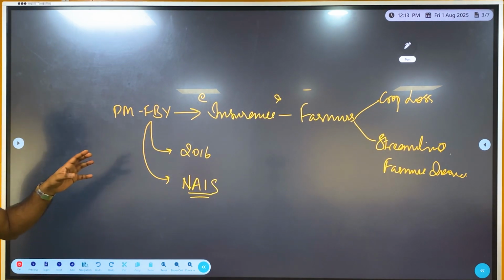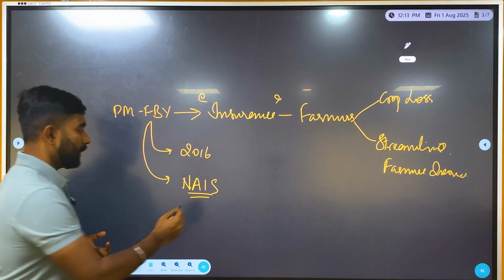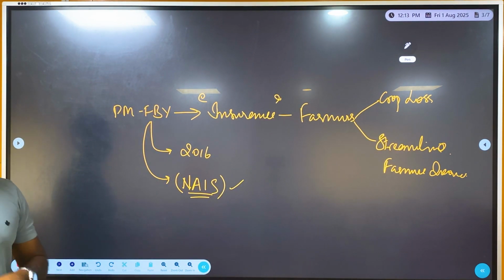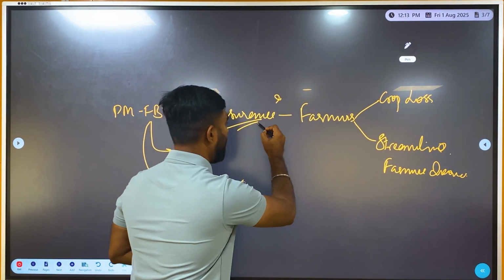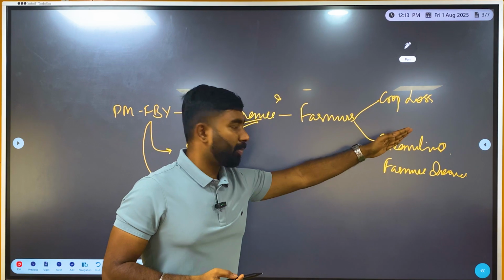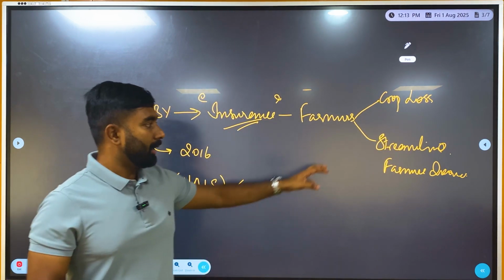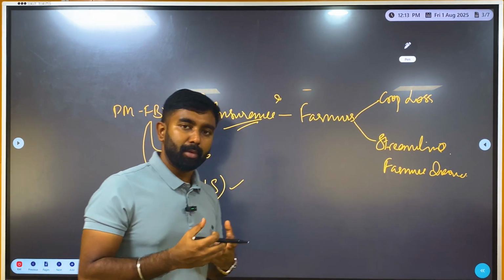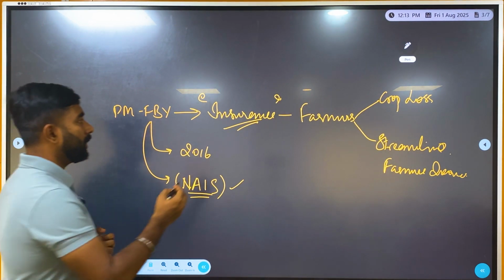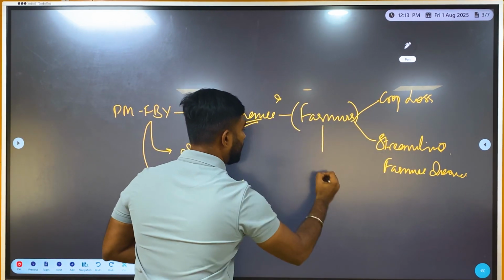So the Fasal Bima Yojana was to replace the earlier National Agricultural Insurance Scheme, to ensure that insurance is provided for farmers in situations of crop loss, and that the streamlining of farmers' income takes place, right? Now, what are the eligibility criteria for the farmers?